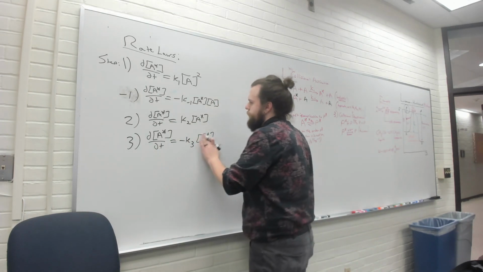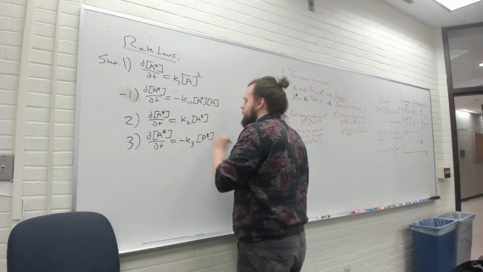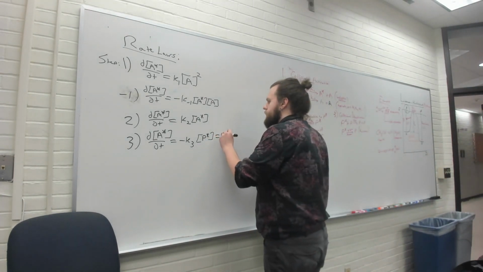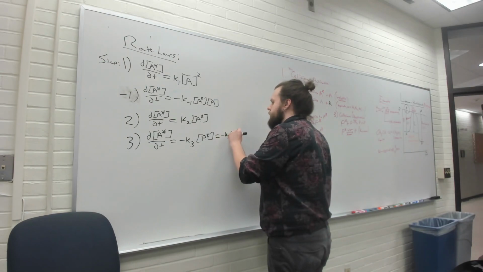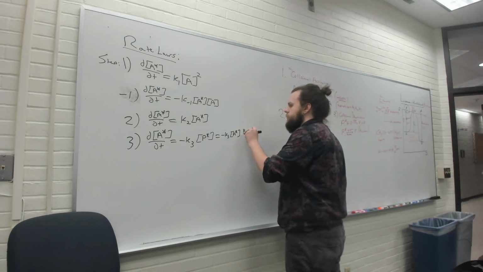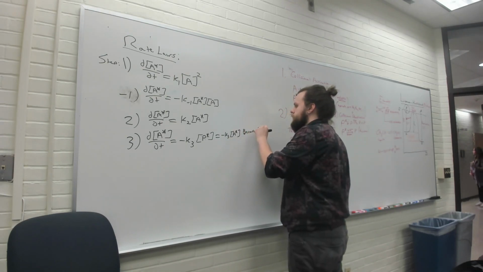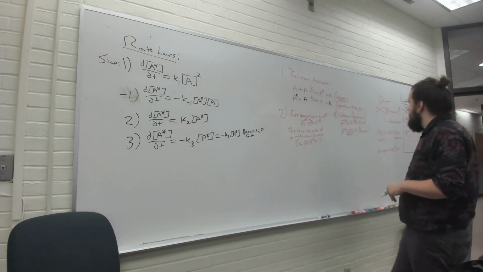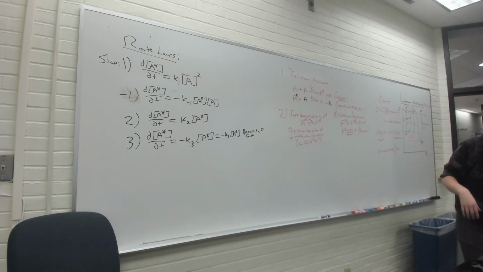Well, it's actually minus K3 times the P star, but we can write this as minus K3 A star because K2 is fast. Okay, so we have all the equations written down.